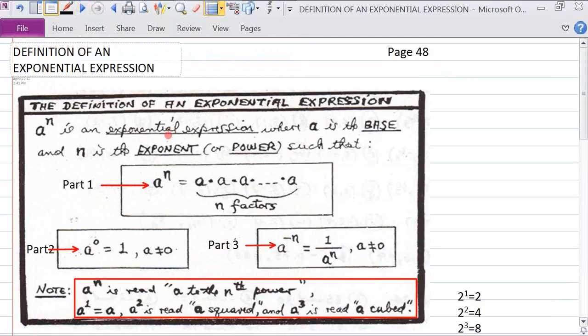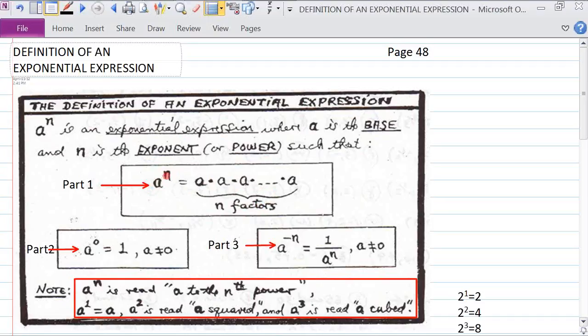So let's begin with a basic definition on the top of page 48. a to the n is an exponential expression. When we write a to the n, n is the exponent and a is the base. For example, when we write a to the n, we mean a multiplied by itself n times.